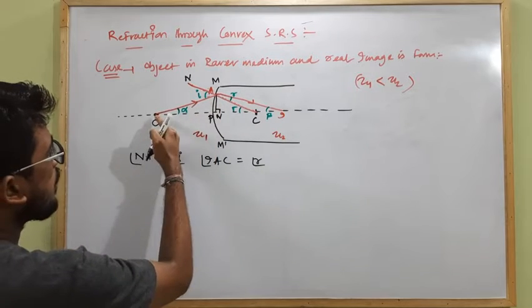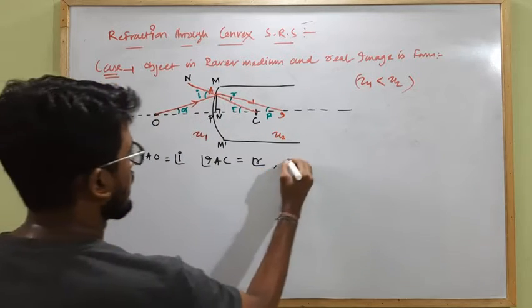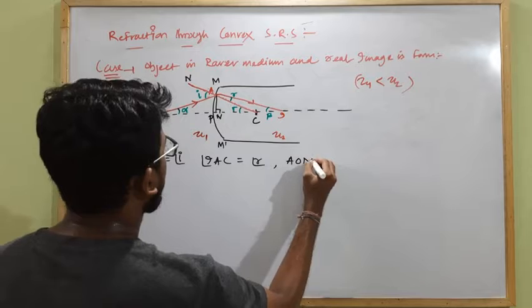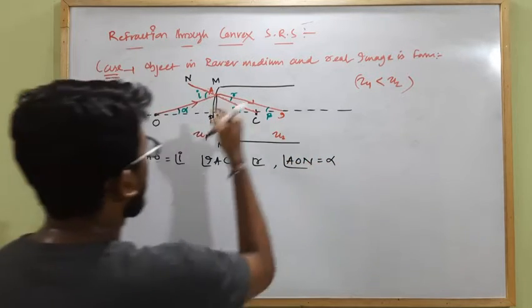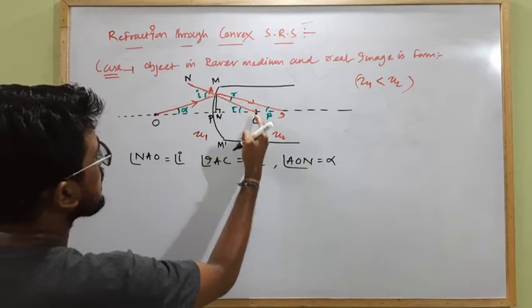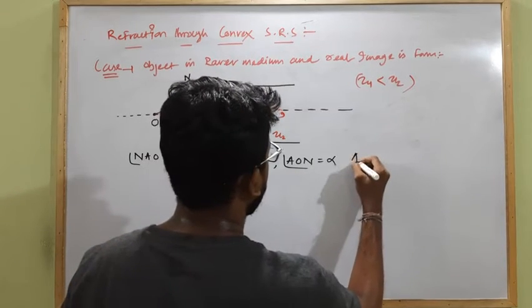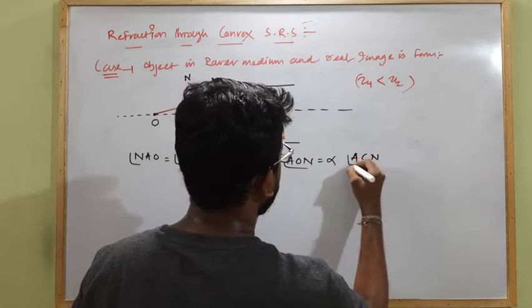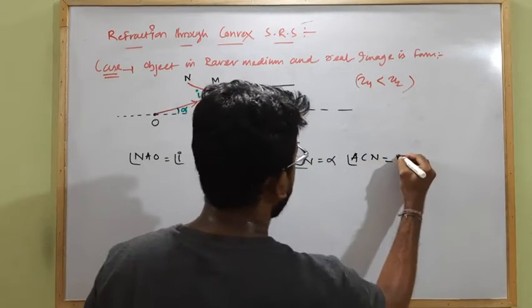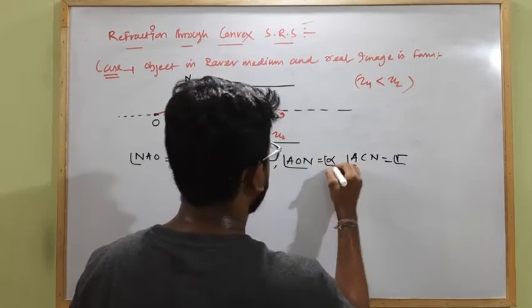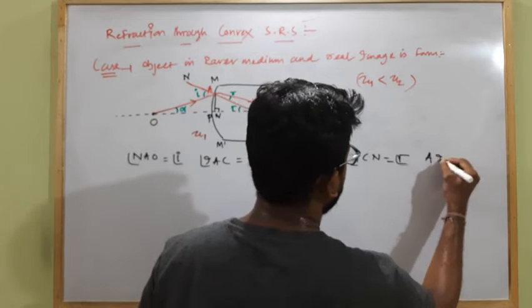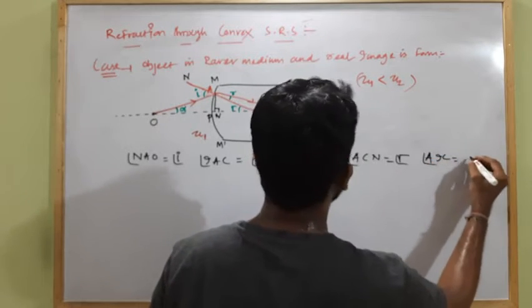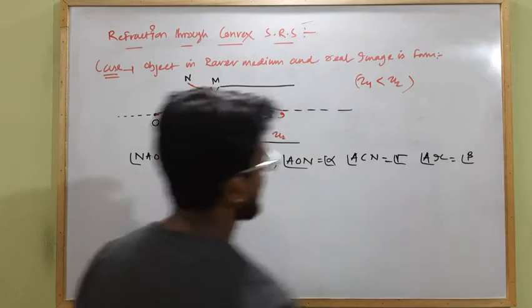The angle AON will be equal to alpha. Angle ACN will be equal to gamma, and the angle AIC will be equal to the angle beta.